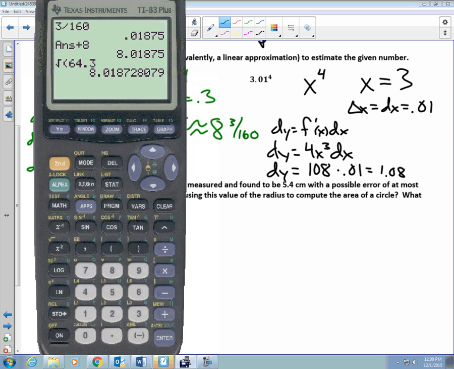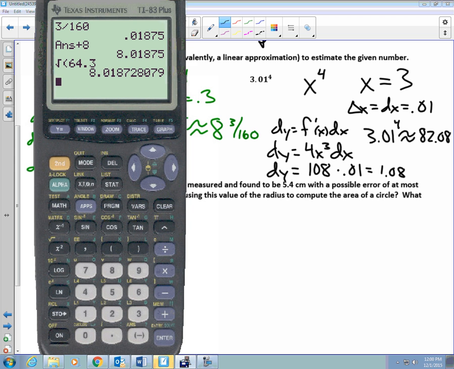What do I have to do? Not add 3, but add 81. So that would mean that 3.01 to the fourth power is approximately 82.08. What's that? Because we know that 3 to the fourth is 81, right?